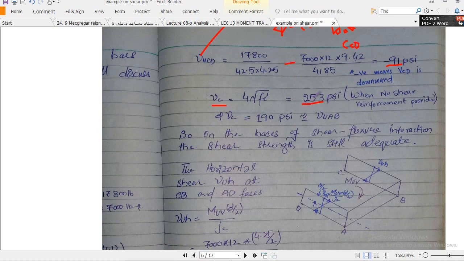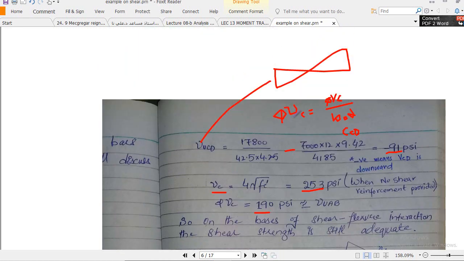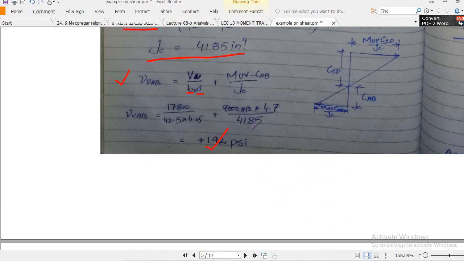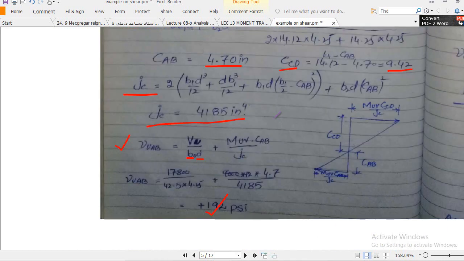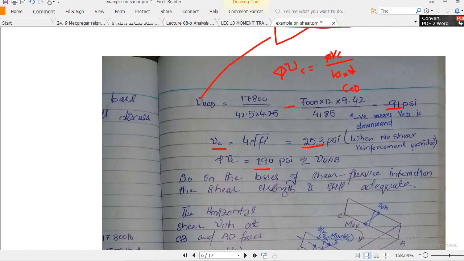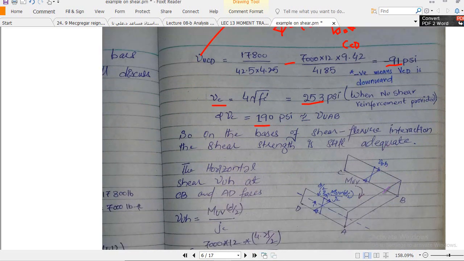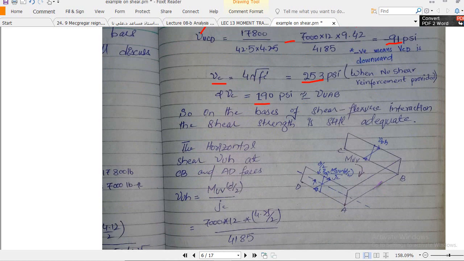If you multiply this by 0.75, you get 190 psi. You can say it is close to 192. Although in the shear flexure interaction 192 is more than 190, we are close. So on the basis of shear flexure interaction, the shear strength is still adequate, right?